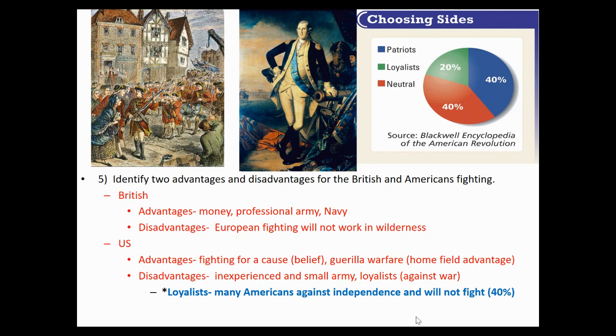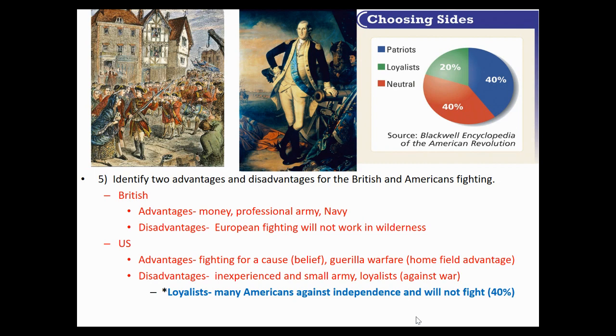The problem for Americans is obviously an inexperienced and small army, but the biggest one is loyalists. Loyalists are Americans that are against independence and they are not going to fight. If you see the chart in the upper right-hand corner, you can see that patriots make up 40% of America. But loyalists are 20% to 40% in a sense.